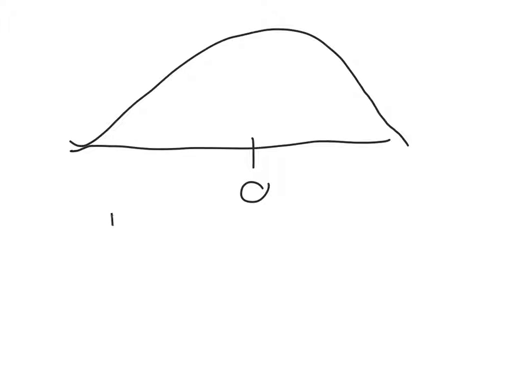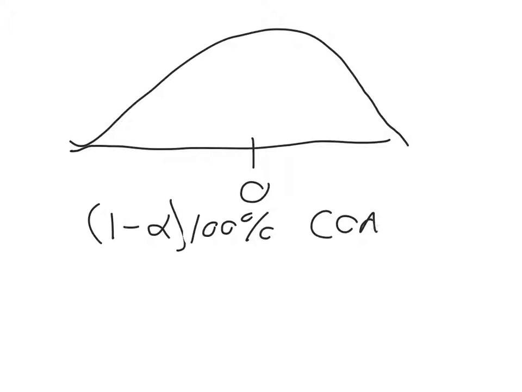And we will ask typically for some kind of 1 minus alpha times 100% confidence interval for mu. There are confidence intervals for all kind of concepts, but we're just going to be looking for the ones for mu.